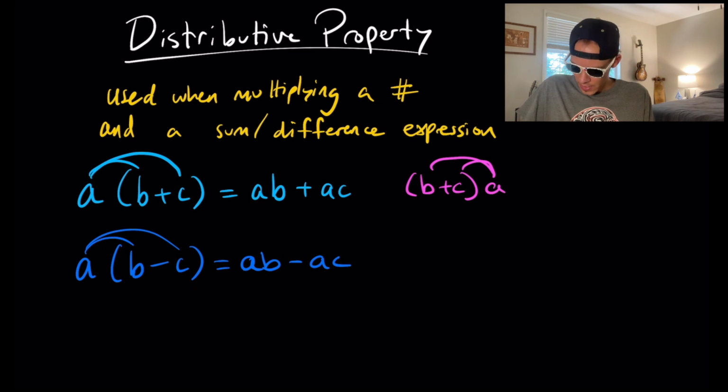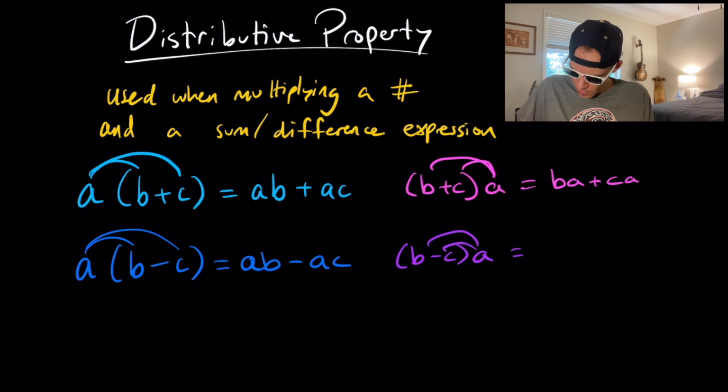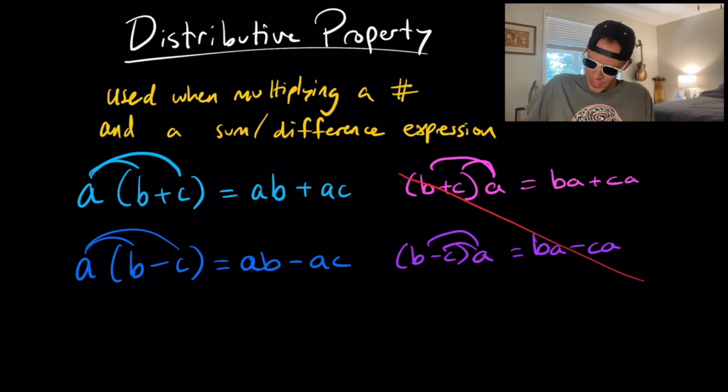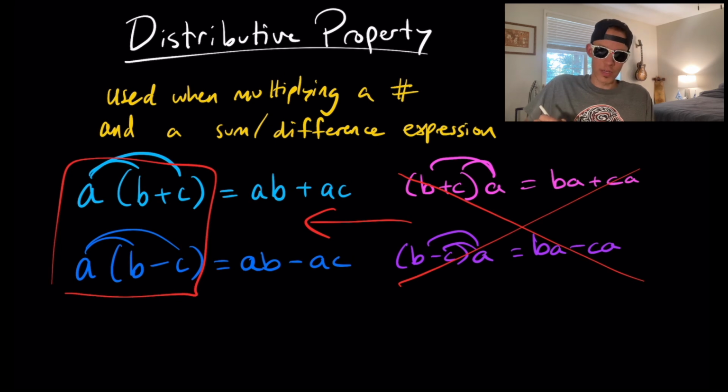So we will get B times A plus C times A. And then if we did it with a difference expression, so B minus C times A, that's going to equal B times A minus C times A. Again, you really will never see it expressed this way, and if you do, just rewrite it so that it looks like one of these two over here.